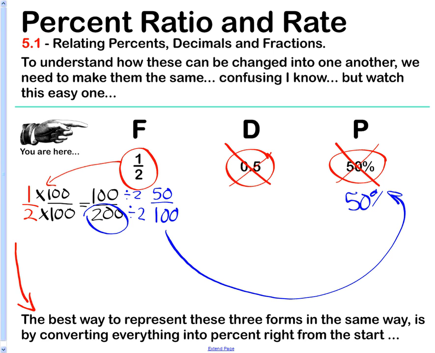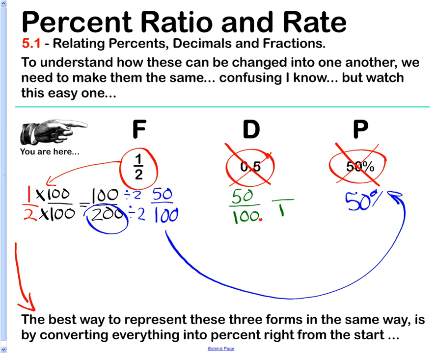Once you have your percent, you're good to go with your decimals. And how you can convert your decimals is almost just as easy. We're just going to slide this 50 over 100 right over here, and we want to convert this into something that's just over 1. So what we do is we take away these zeros.